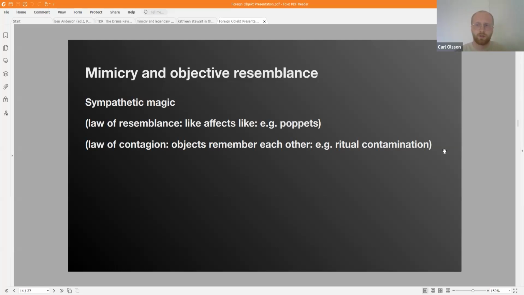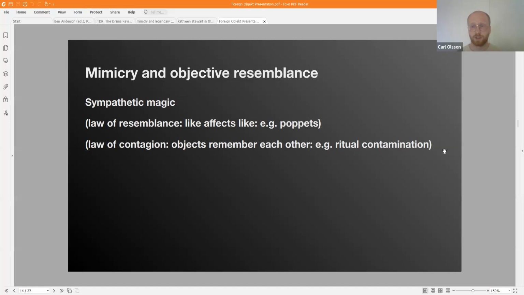It essentially covers two different relationships: the law of resemblance, where like affects like, such as in puppets, or maybe the popular idea of a voodoo doll, where we can take an image of someone and harm it, and by doing so, harm the person. Or the same thing works for wishing luck upon others, and so on.